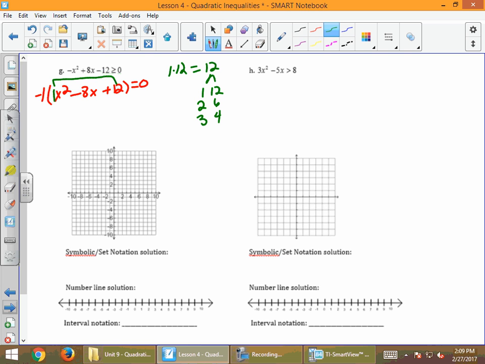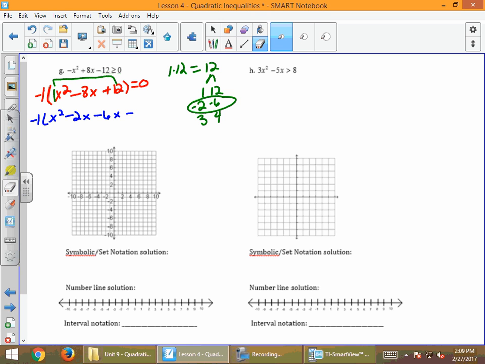Which of those will combine to give us 8, our middle number? 6 and 2, but what do we know about those signs if we want a negative 8? Negative 2 and negative 6. So when we rewrite our middle, we now have 4 terms.